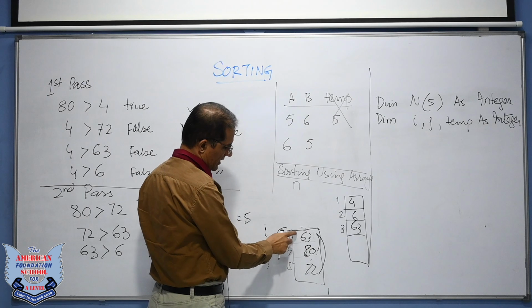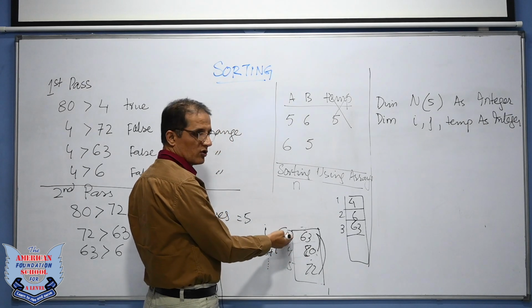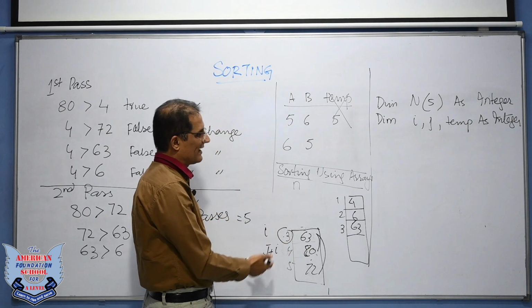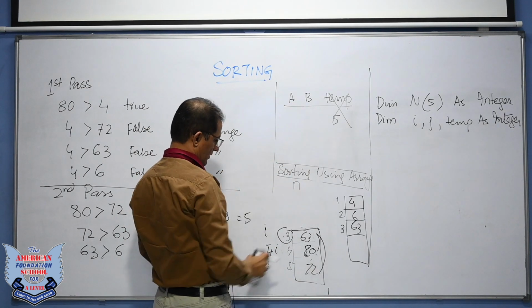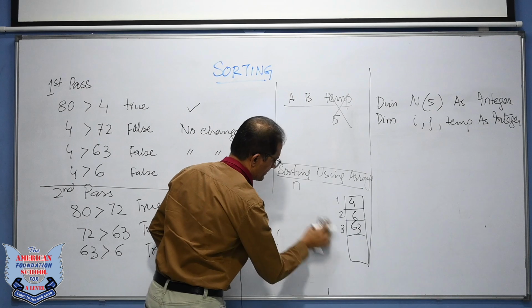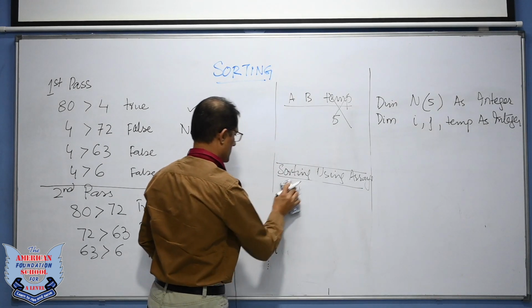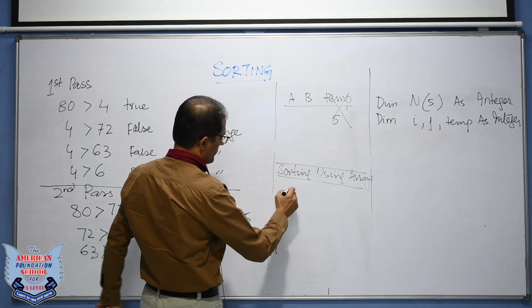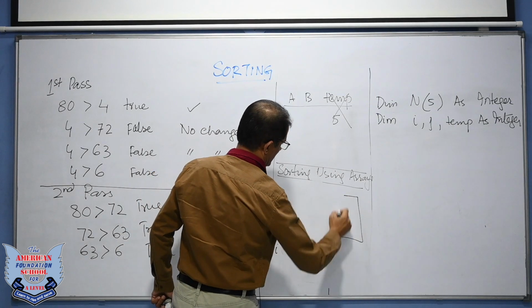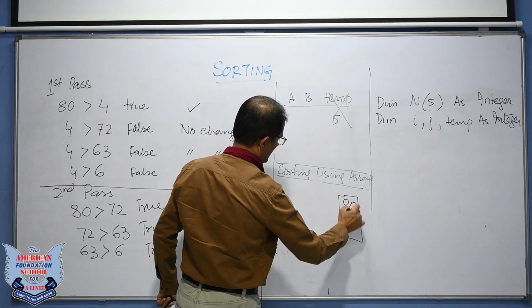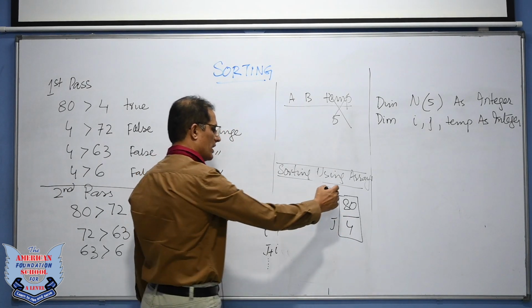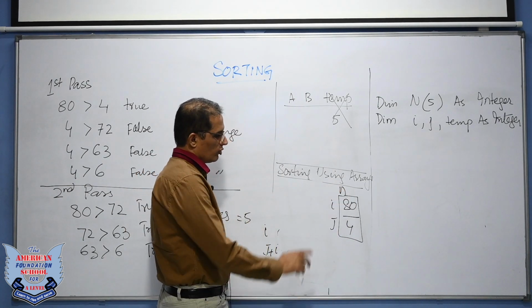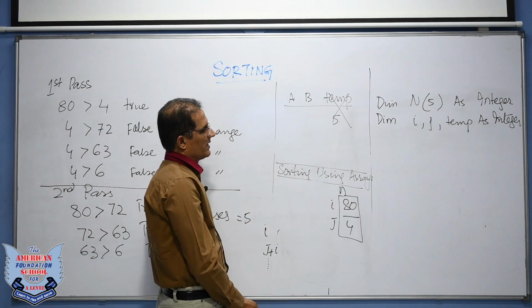How will you swap the numbers as we were swapping? If the bigger number is on the top, you were swapping it with the second one. For example, suppose that 80 is there and 4 is there, that's I and that's j, and the array is n. These are the two numbers we want to swap. What to do?